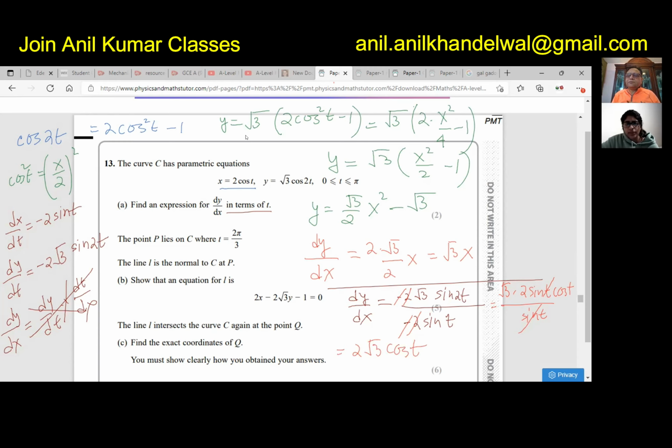When I'm seeing sine 2t, it's a double angle formula, and I have sine t in the denominator, so I'll definitely go for a simplification: 2 sine t cos t, cancelling out the common factors, and write down 2 square root 3 cos t as my answer for part A. So we have dy dx equal to 2 square root 3 cos t. Is it okay?